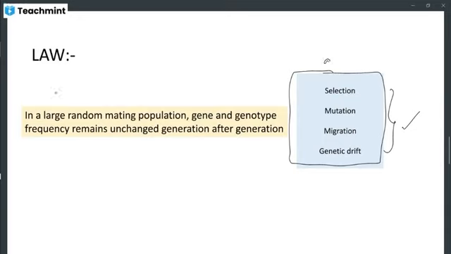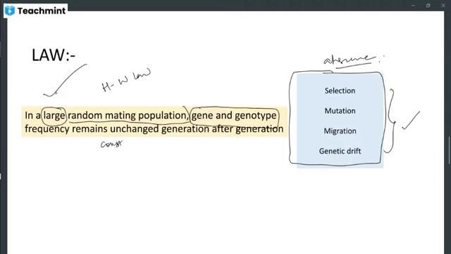So in the absence of these, only then does this law work, right? The Hardy-Weinberg law states that in a large random mating population, the gene and genotype frequencies remain constant generation after generation when there is no selection, no mutation, no migration, and no genetic drift, right?